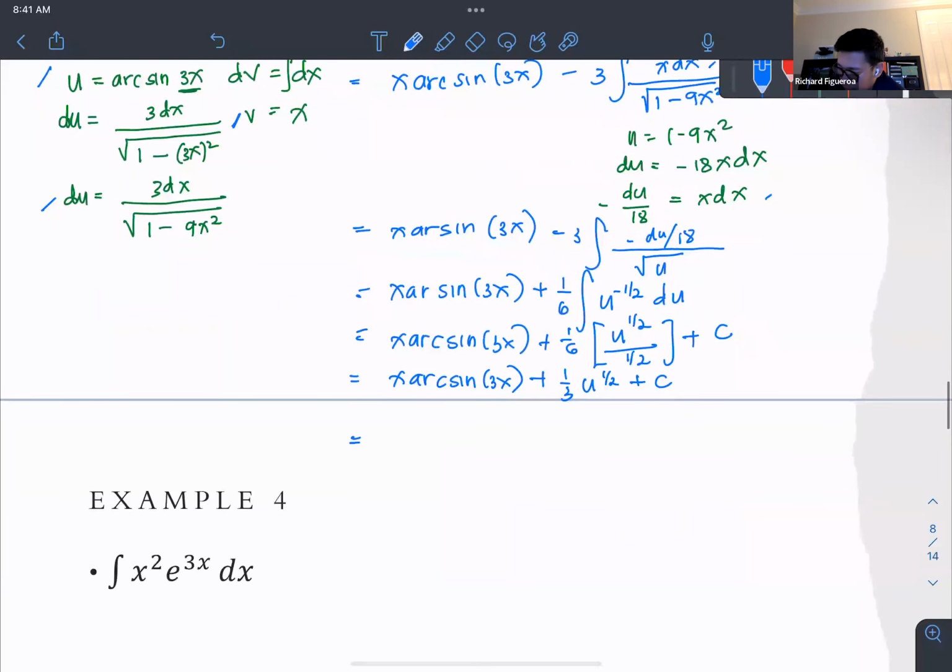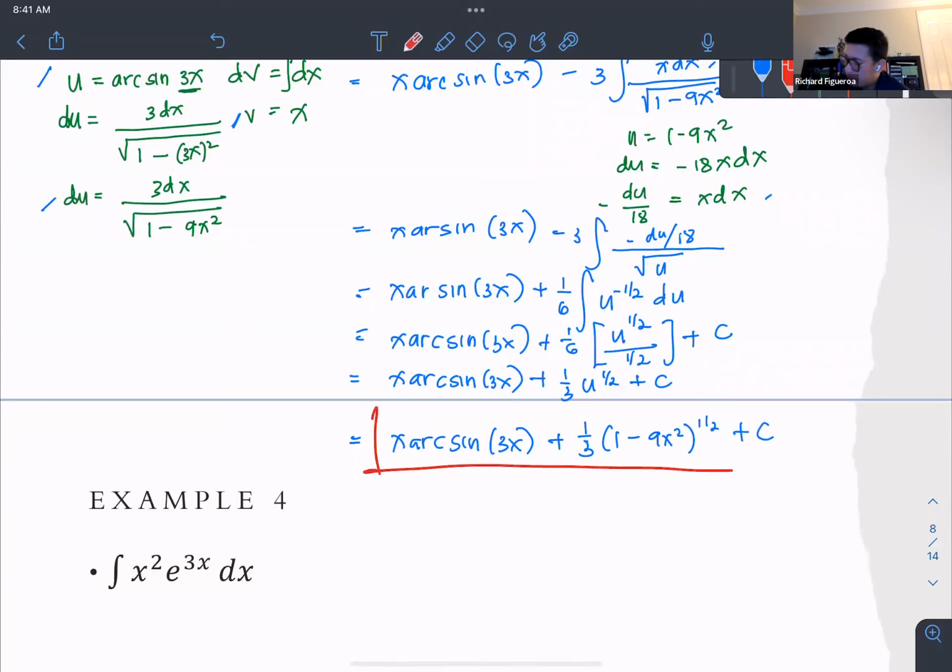Tapos babalik lang natin siya. So x arc sine of 3x plus 1/3, ang u natin, it's 1 minus 9x squared raised to 1/2 plus c. So that's how we answer that one.